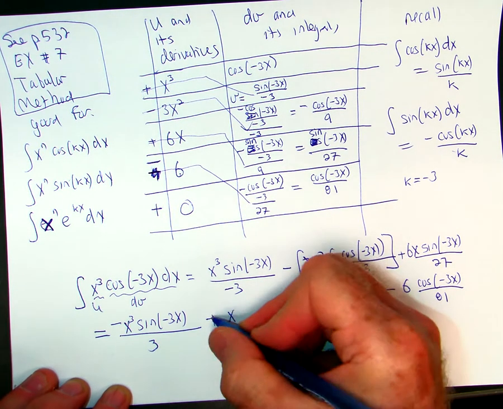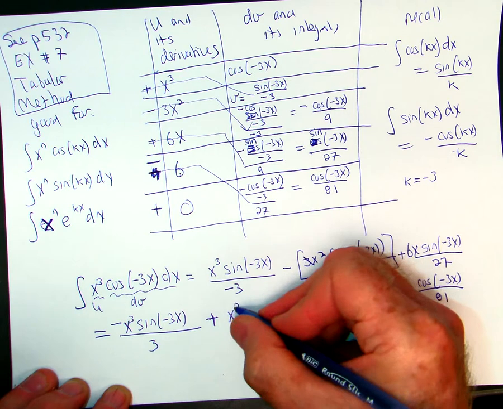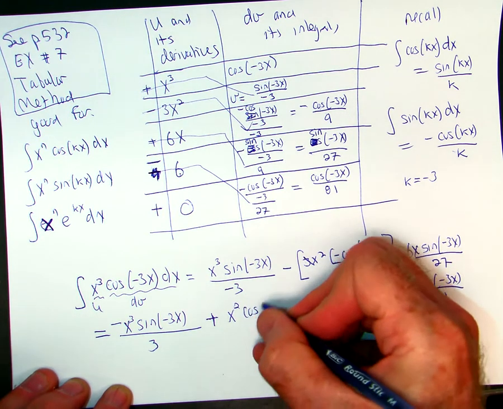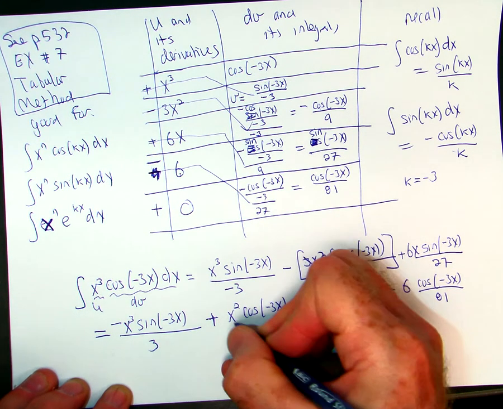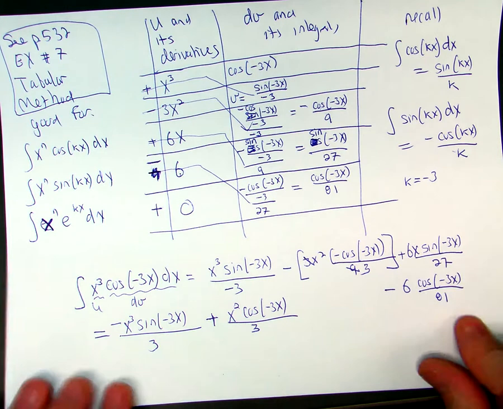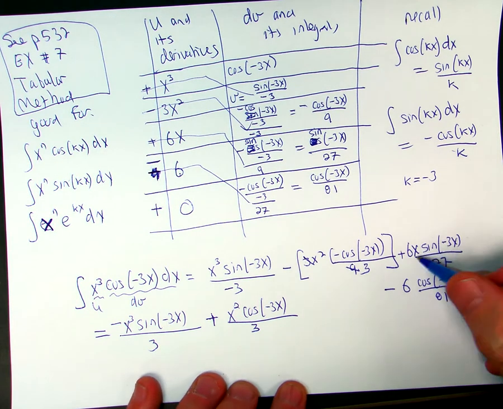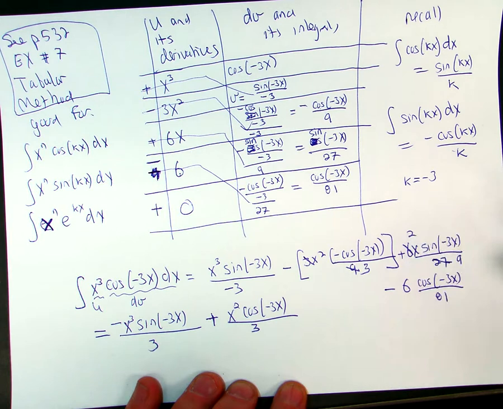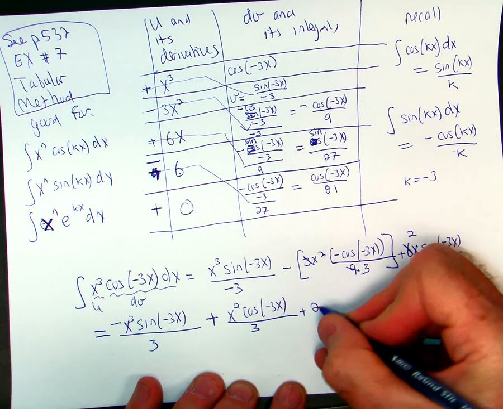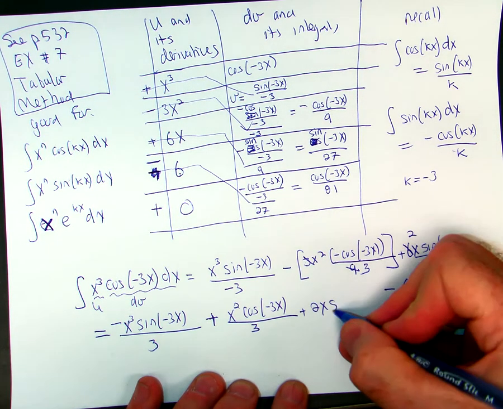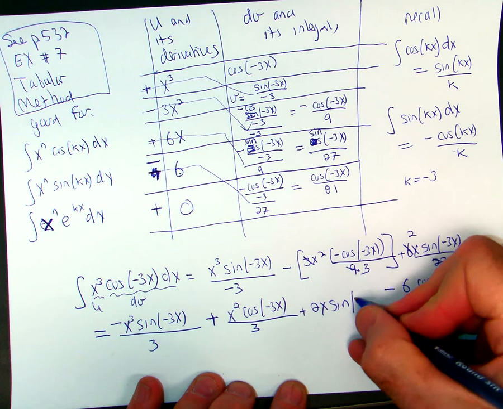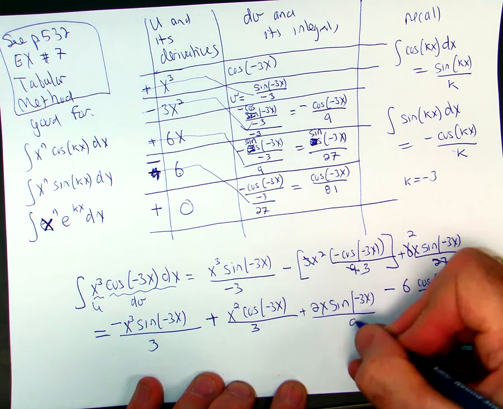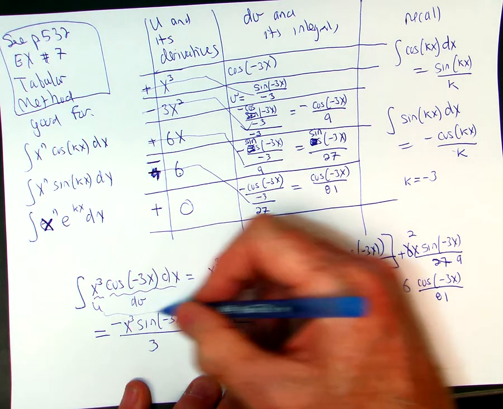So I get x squared cos minus 3x over 3. Okay, this next one, 6x over 27, 3 goes into each of these, I get a 2. So I get plus 2x sine minus 3x over 9.